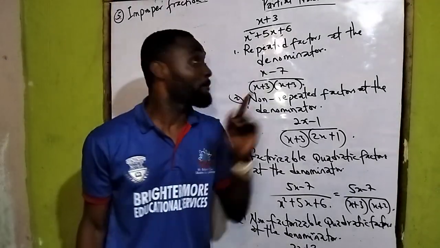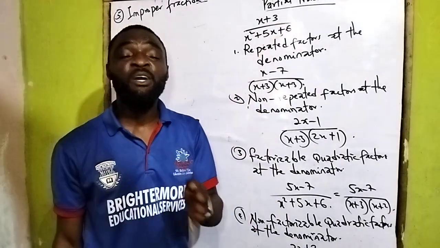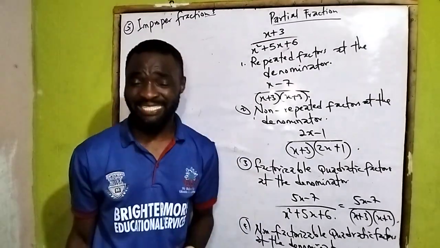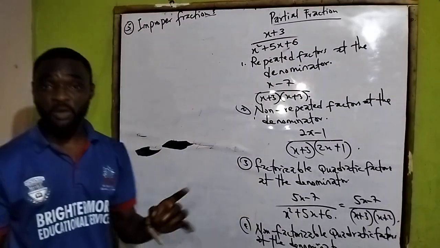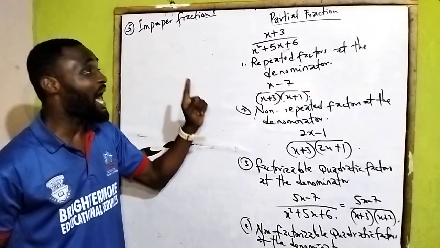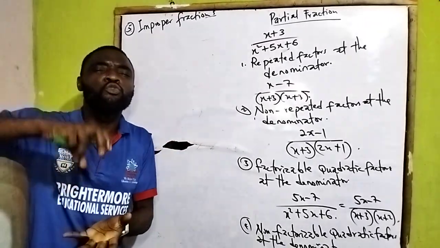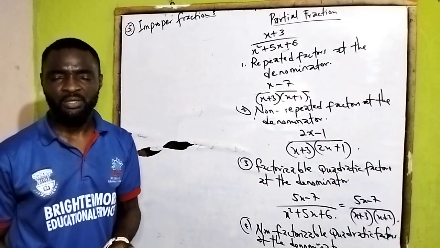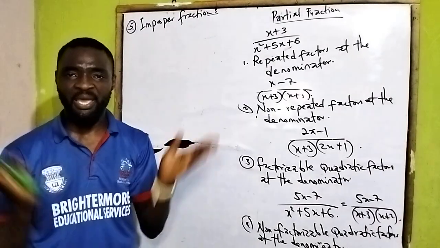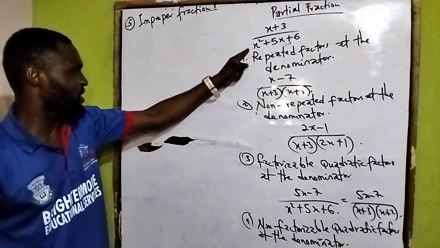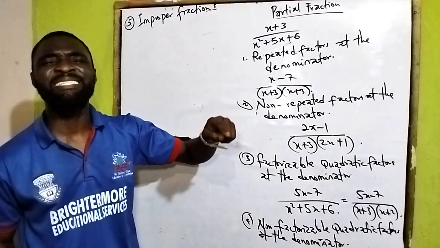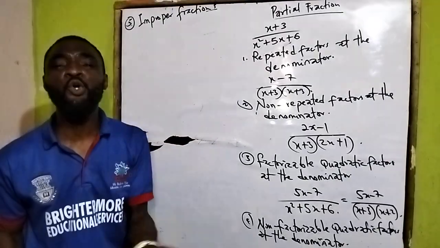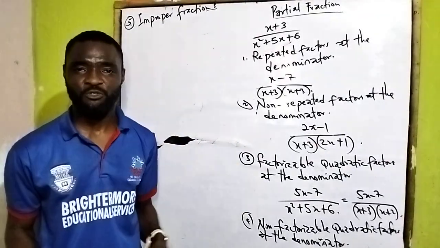These are partial fractions that do not obey the law of partial fractions. Remember I told you that the law of partial fraction is that the power at the denominator must be greater than the power at the numerator. But in these improper fractions, they don't obey the law of partial fractions.